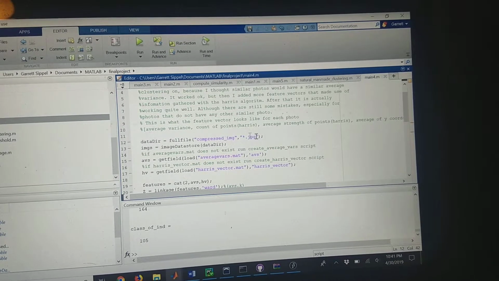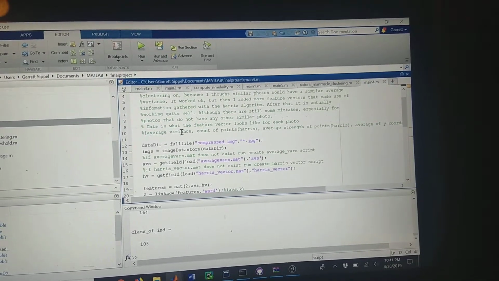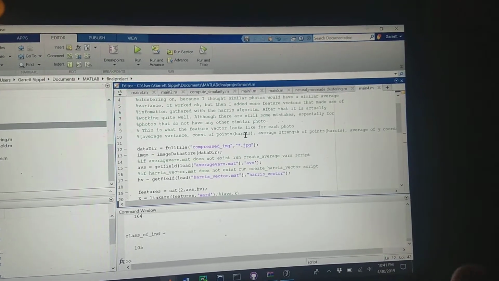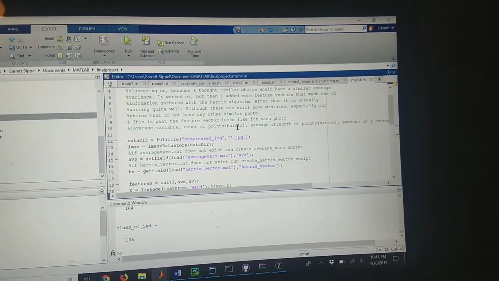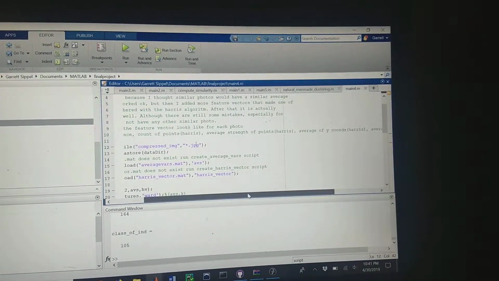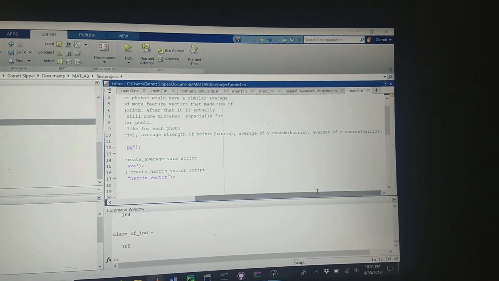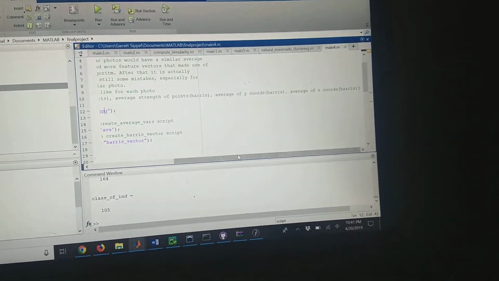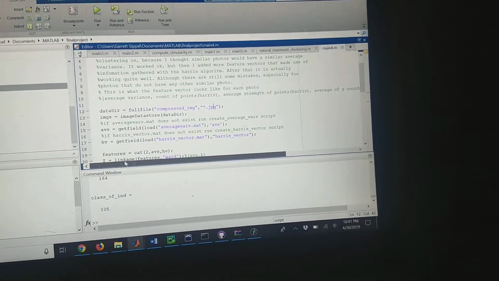So there's the average variance, the count of the number of corners that it found from the Harris algorithm, the average strength of them, and then the average y-coordinate and the average x-coordinate of the corners. Clustering on those things worked pretty well.